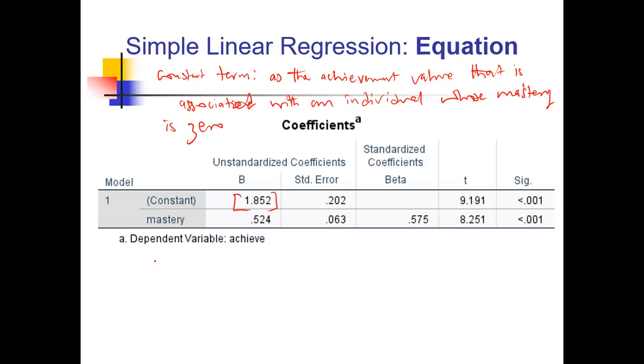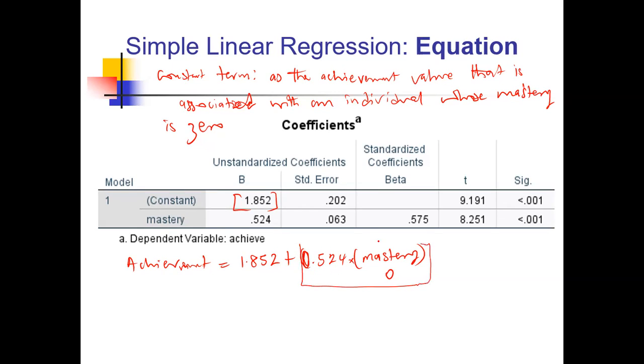Okay, look at that. So what we have in the equation is achievement is equal to 1.852 plus 0.524 times mastery. So imagine if somebody's mastery is 0. If I put in 0 here, if you multiply 0 by this, all this goes to 0. If you multiply 0 by anything, of course it becomes 0.